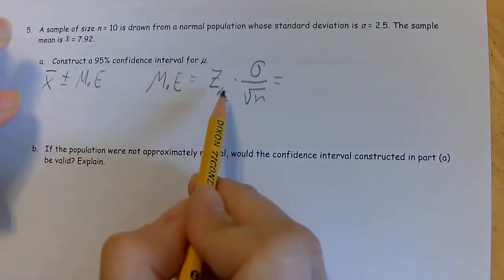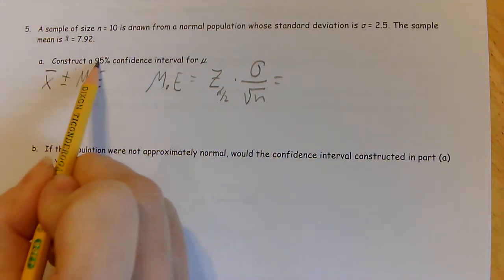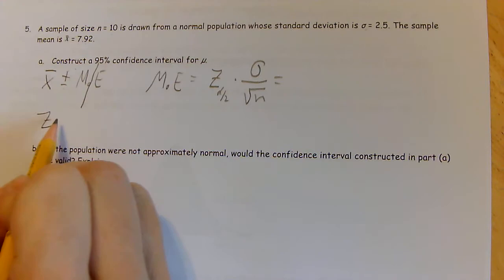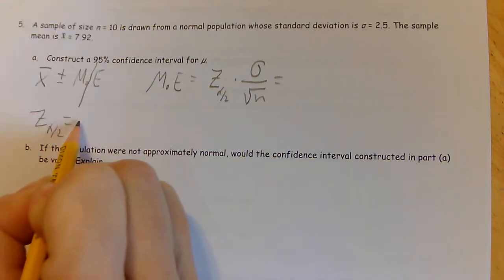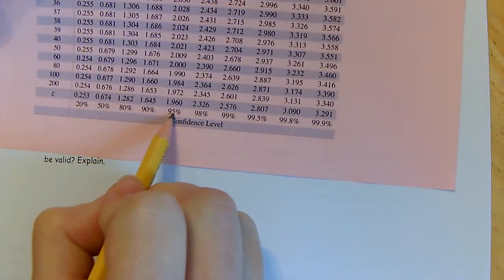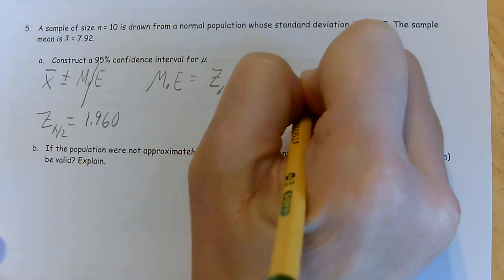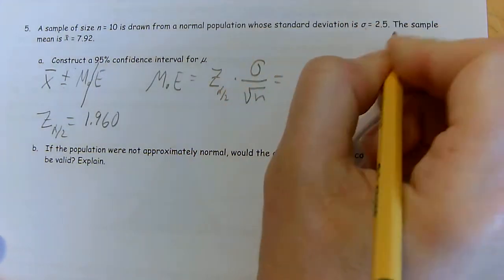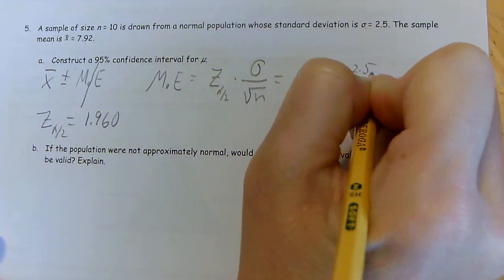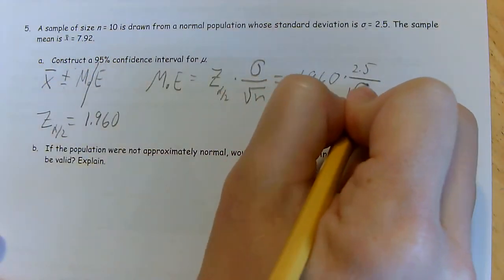So let's calculate the margin of error for a 95% level of confidence. My critical z-value is 1.960. My sample size was 10.